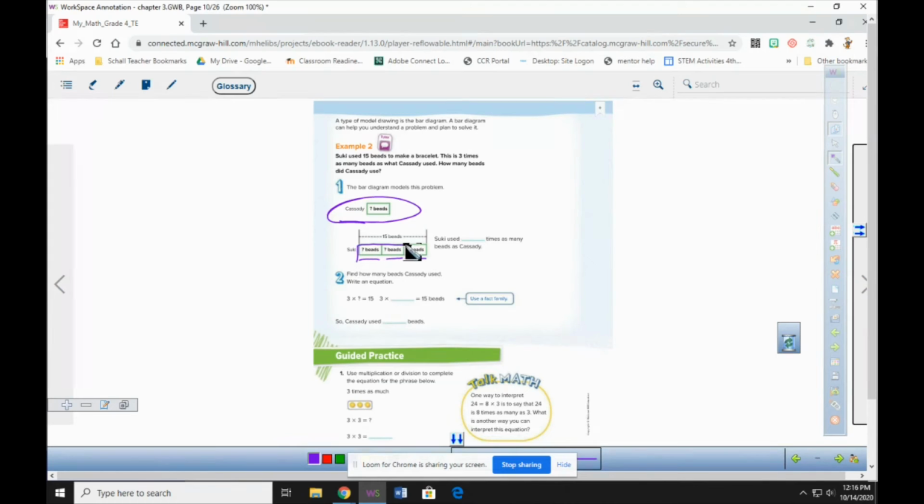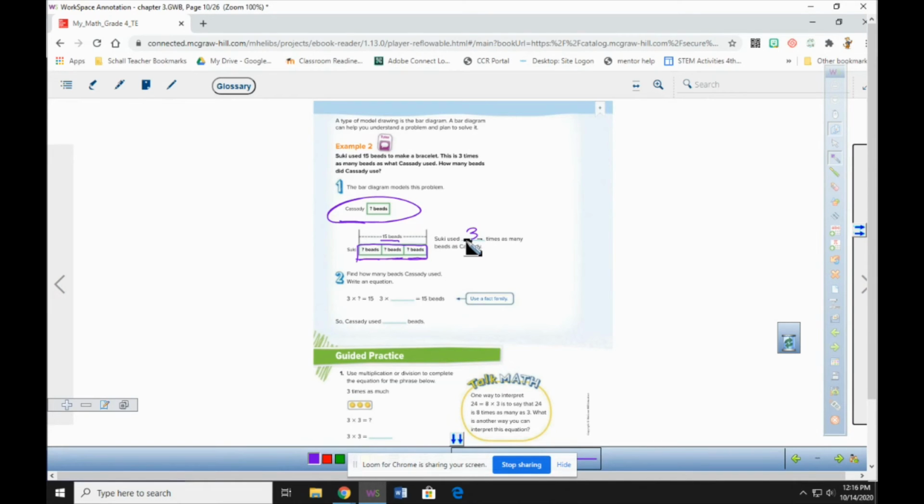When we add those 3 together into one box, we get 15 beads. So Suki used 3 times as many beads as Cassidy, and we know that.